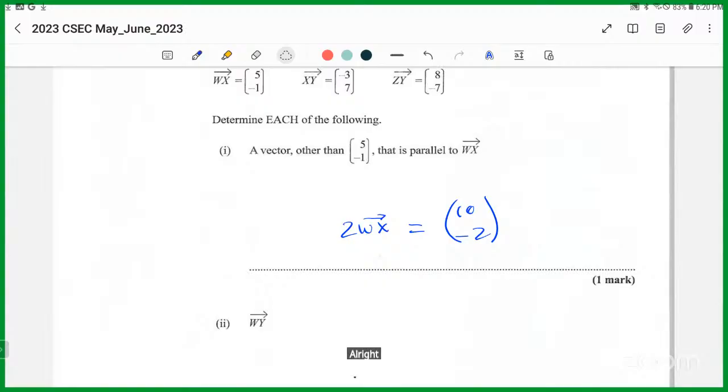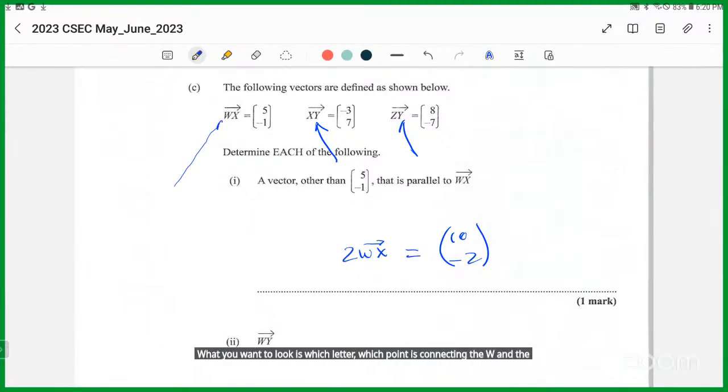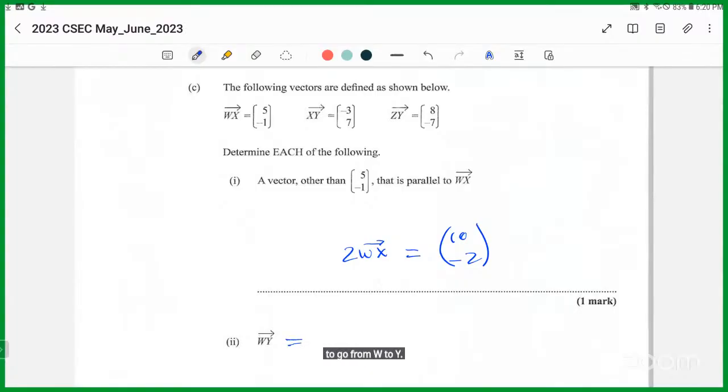Alright, next question wants WY. I want to go from W to Y. Looking at what we have, W is right here and Y is right here. What you want to look for is which point is connecting the W and the Y. Clearly X is connecting the W and the Y. So to go from W to Y, we can go W to X first with this vector and then X to Y with that one.